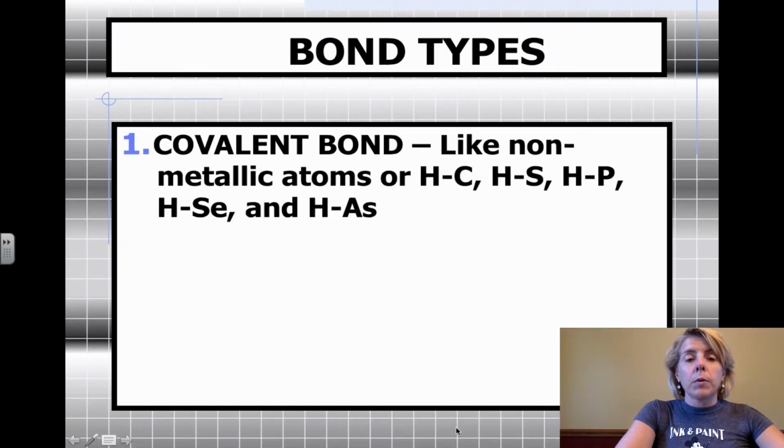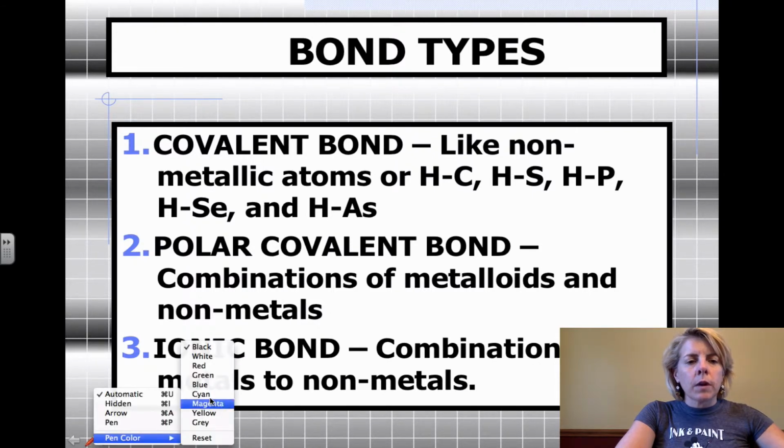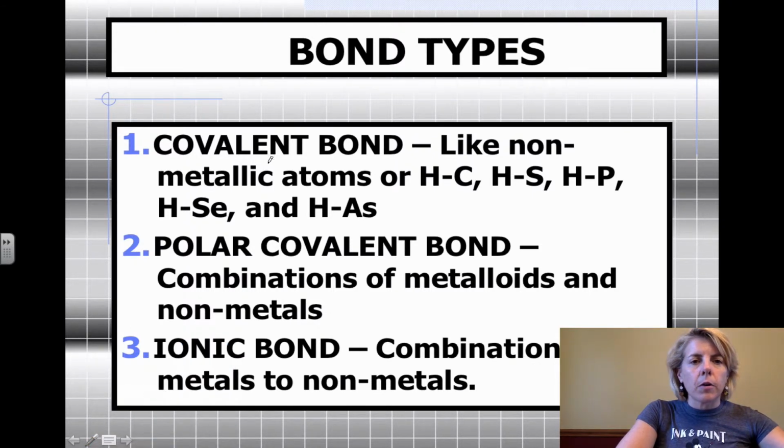Okay, before we wrap things up, I just want to talk about 3 types of bonds, and this is somewhat of a review for us. All this chapter we've been talking about covalent bonds. So we notice with covalent bonds, we see a lot of covalent bonds between hydrogen and a nonmetal.